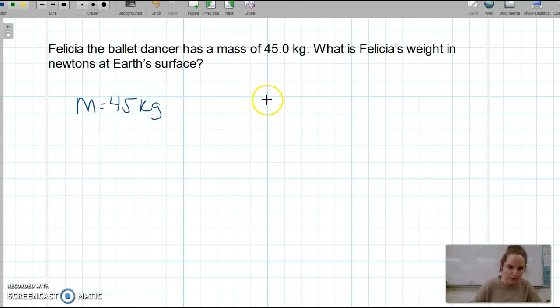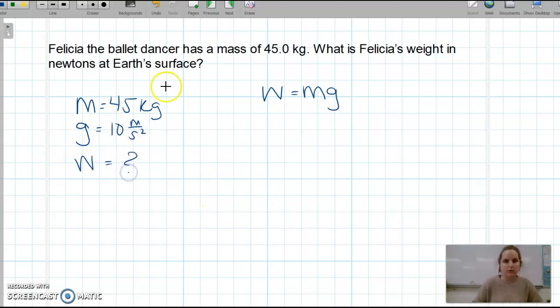Well, we know that W is equal to mg, where m is the mass and g is the acceleration due to gravity. So we need to write out g again, which is 10 meters per second squared. And to solve for weight right now, it's a question mark. So all we have to do is plug in our information.